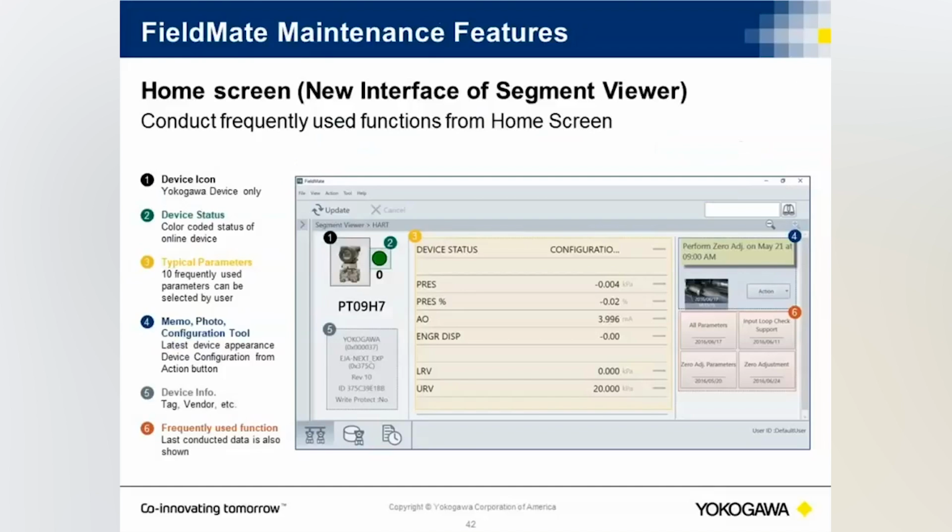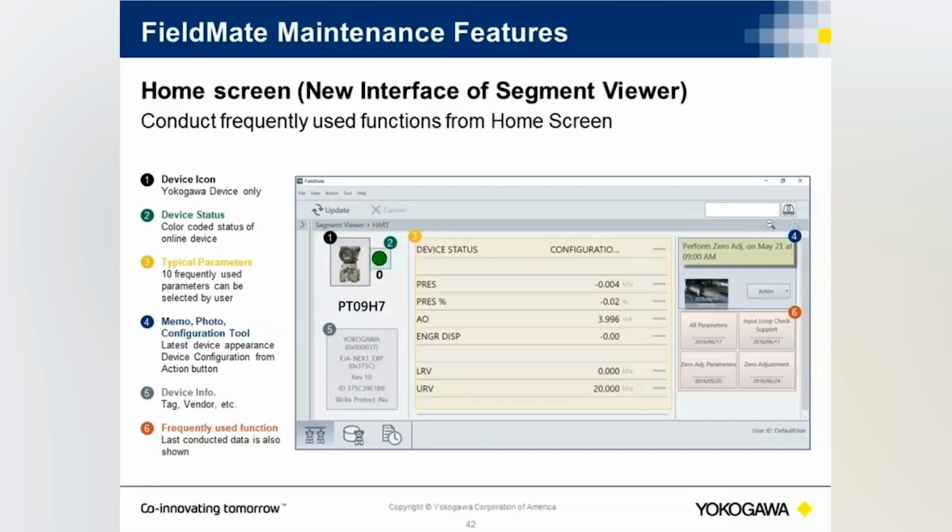Here's a screenshot of one of the applications of FieldMate. You can see here from the home screen the type of transmitter it's connected to, the device status, which indicates if there's one or more alarms on the unit, and typical parameters that are being measured by the unit. So you can see that you are connected to a pressure transmitter.